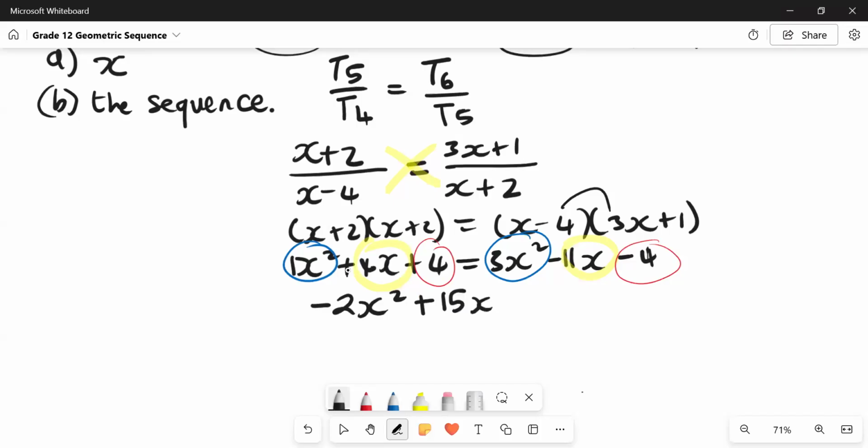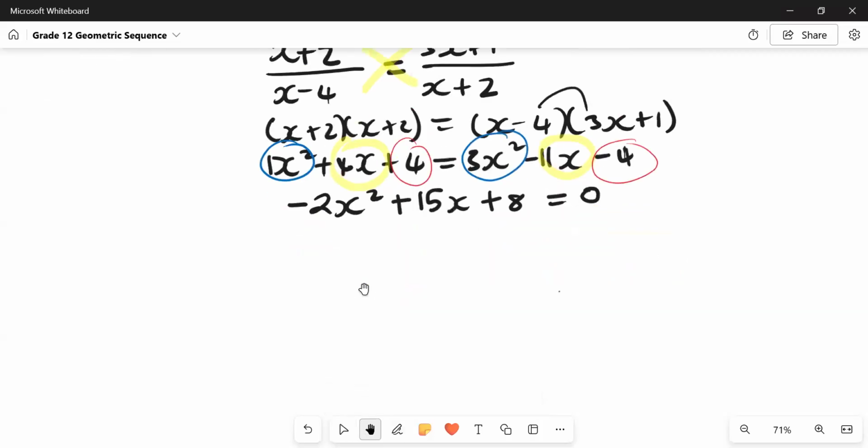And then 4 plus 4, that's positive 8, equals 0. Nice. Then divide everything by negative. When we divide everything by negative, the signs change. So you'll end up with 2x squared minus 15x minus 8 equals 0.